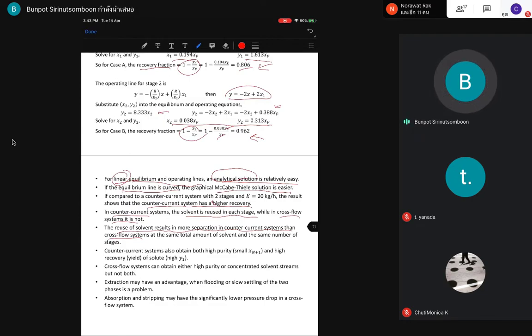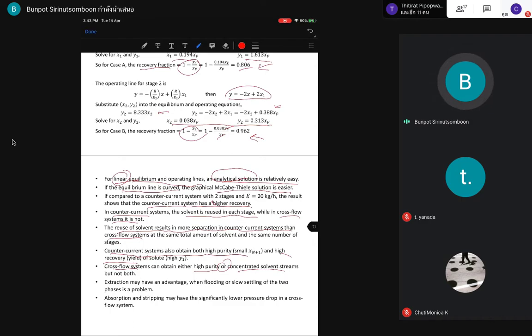The counter current also gives you both high purity and high recovery. For the cross flow, you can only choose either high purity or high recovery; you cannot get both.